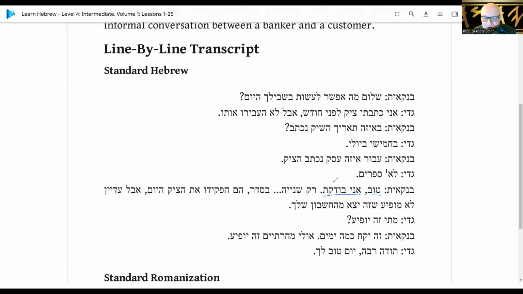Ani Bodeh. טוב, אני בודקת. So Bodeket. Bodeket is, good, I'm checking. So that's like, in other words, looking into it. Tov, ani bodeket.